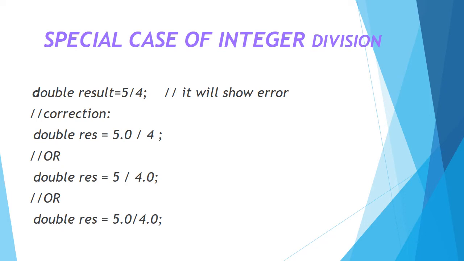It means integer by double, or double by integer, or double by double. In this way your output will be correct, but integer by integer, if you want the output in double data type, then it will show the error.